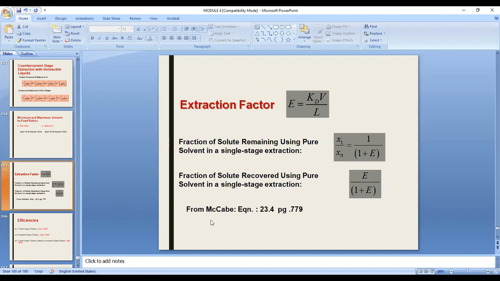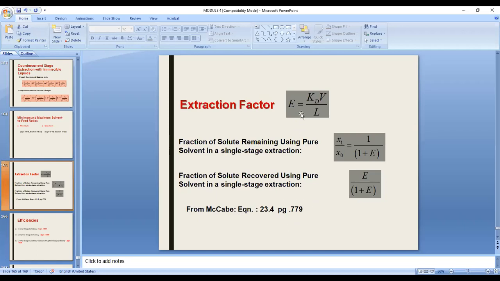The extraction factor, these are the focus of the sample problems that I shared with you in Canvas. The use of the extraction factor in determining the number of stages, and the very simple take on extraction using McCabe's way. So you can find this in equation 23.4 in the 7th edition of McCabe.